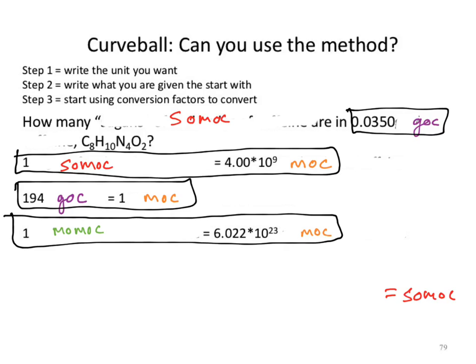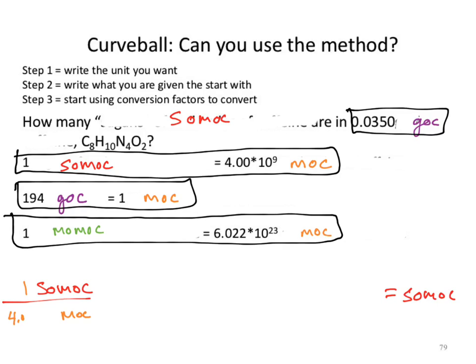Okay. Does it have what I want as an answer? Yes. I want SOMOX to show up. Am I given just SOMOX? No, I'm also given SOMOX related to MOX.